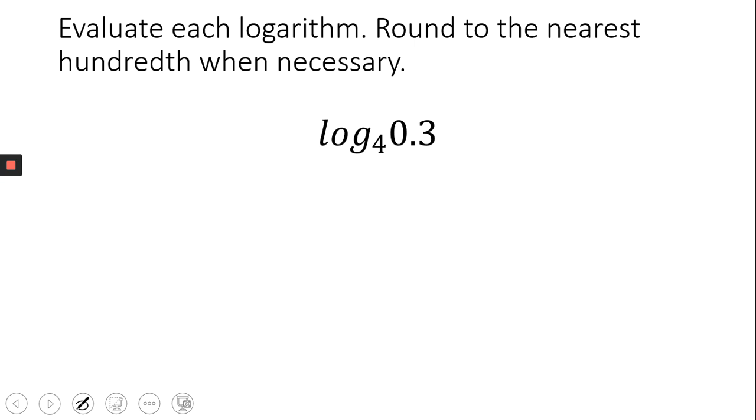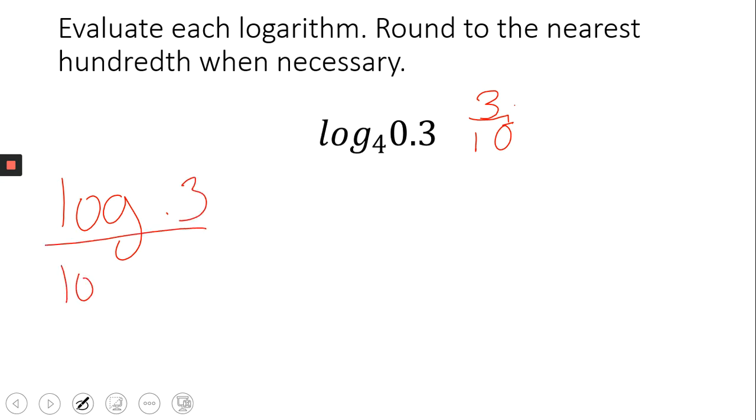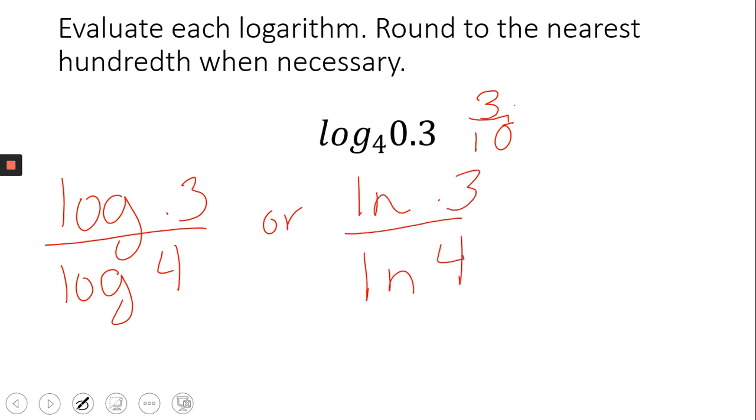Same thing here. 0.3 is the same as 3/10. Am I going to be able to write 4 to some power to give me that? The answer is no, so we use change of base. Let's say I used common logs. It would look like this. If I use natural logs, it would look like this.